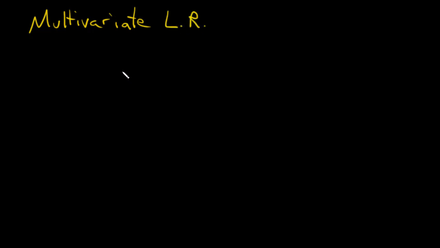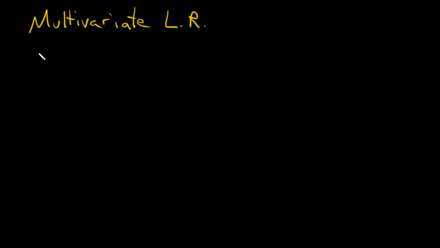That's where we're headed today, and we're going to start off by looking back at what we had with single variable linear regression, and now looking at how that will change as we go into the multivariate.